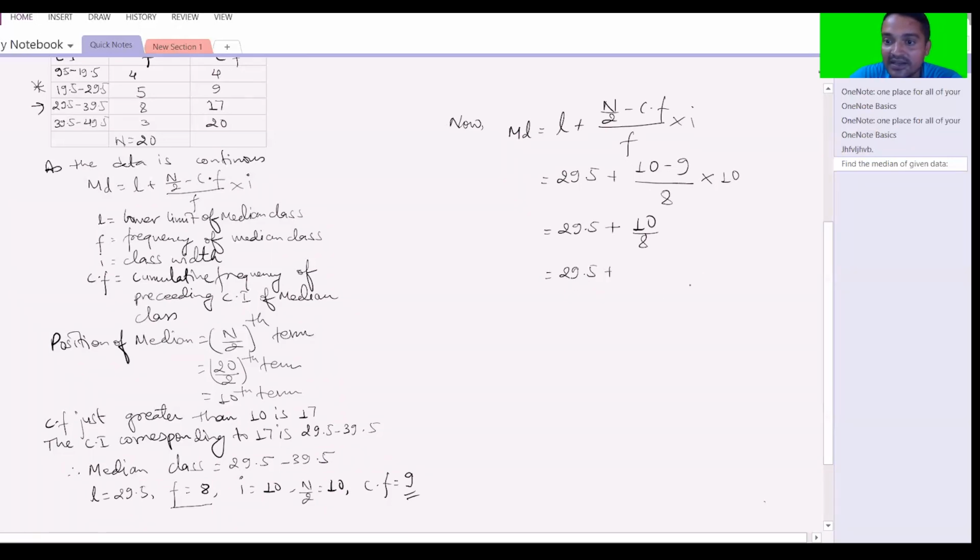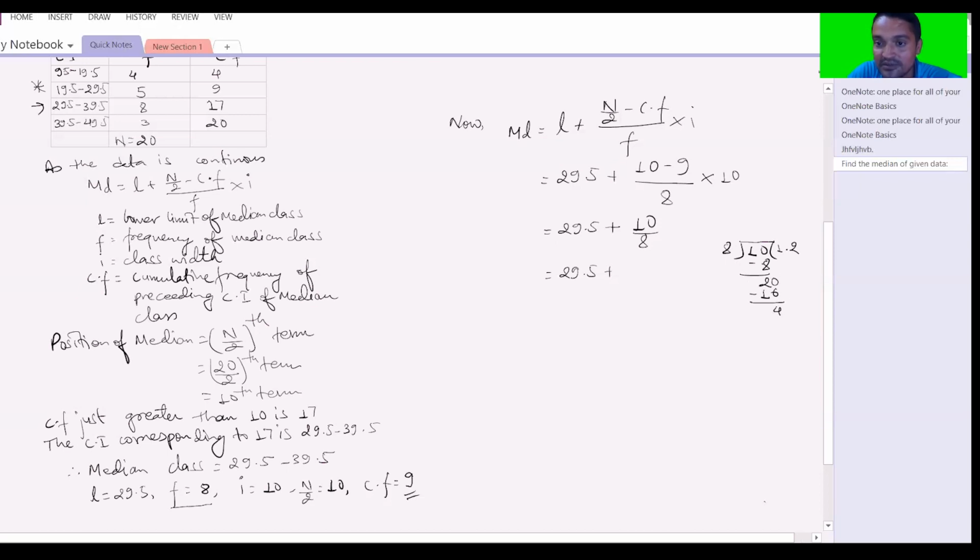Now we're going to divide 10 by 8. 8 one time is 8. 10 minus 8 is 2. As 2 is not divisible by 8, we go into decimals, and a 0 comes here. How many times? As 20 is not exactly divisible by 8, we take the nearest number, 2 times, it is 16. 20 minus 16 is 4.